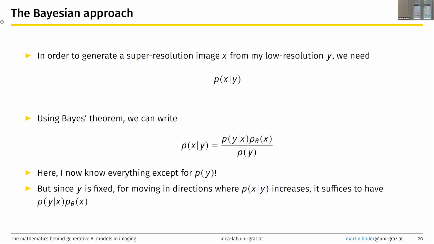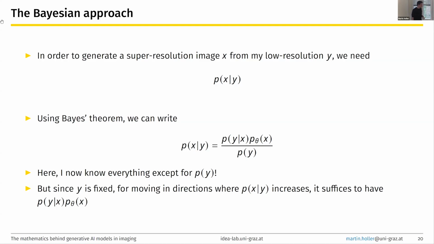It does not depend on X. So if I want to carry out the sampling algorithm and obtain samples from this density, from this probability, I just need to start with a random image and move around such that this quantity increases. And in order to check if this increases or not, it suffices to have the two probabilities here above, because this does not depend on Y.